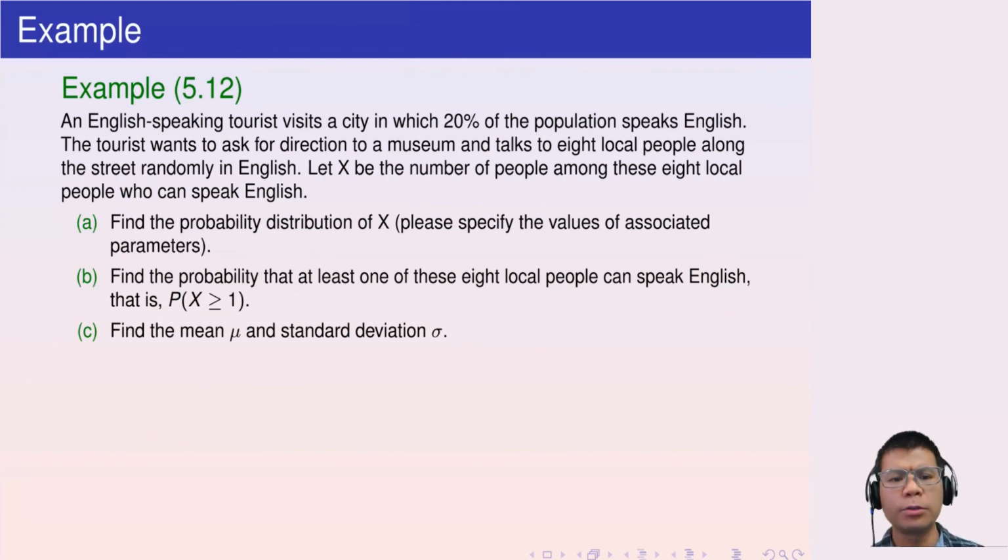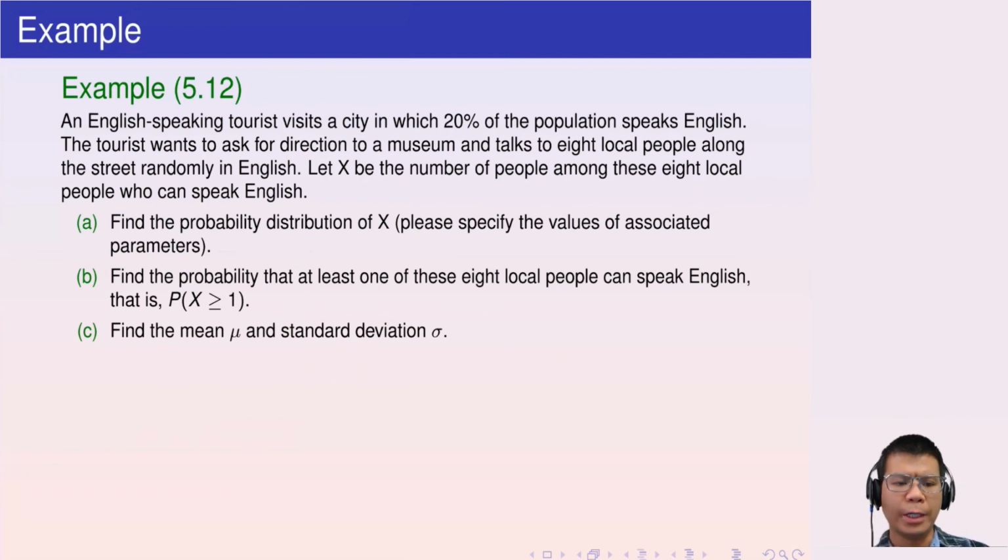An English-speaking tourist visits a city in which 20% of the population speaks English. The tourist wants to ask for directions to a museum and talks to 8 local people along the street randomly in English. Let X be the number of people among these 8 local people who can speak English.